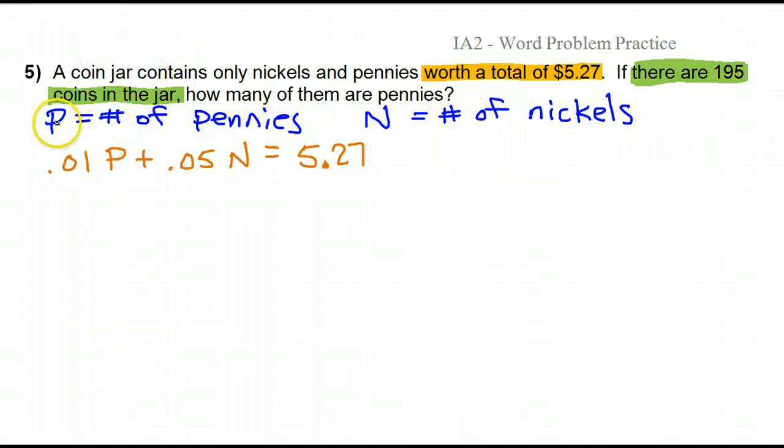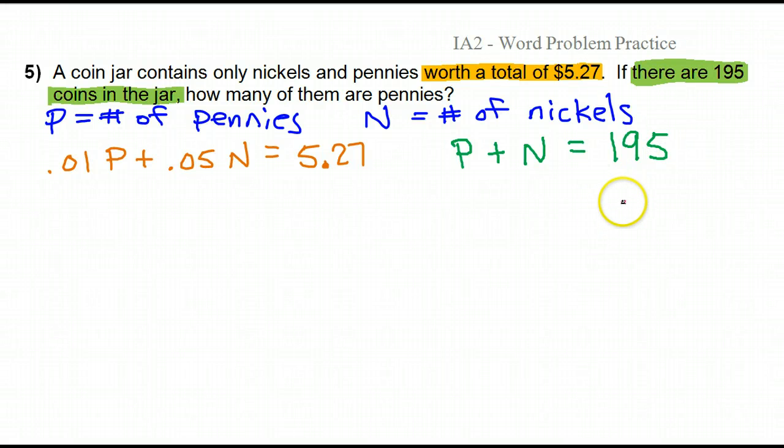Because we just have pennies and nickels, that's the number of coins. So if the total is 195, that means the number of pennies plus the number of nickels should equal 195, the total number of coins in the jar. So we have our money equation and our quantity equation.